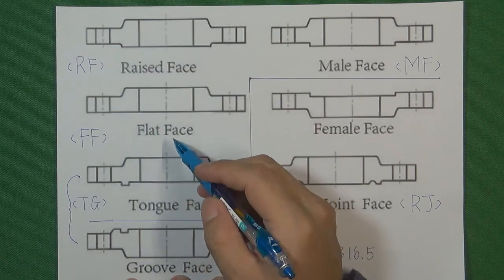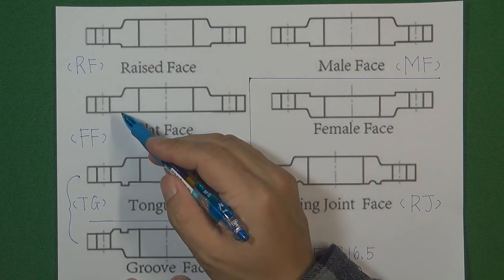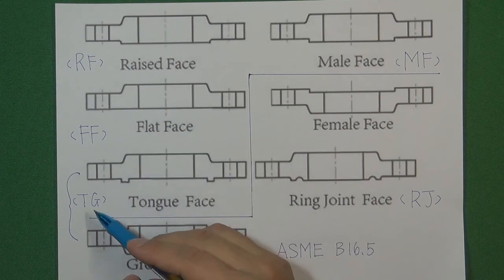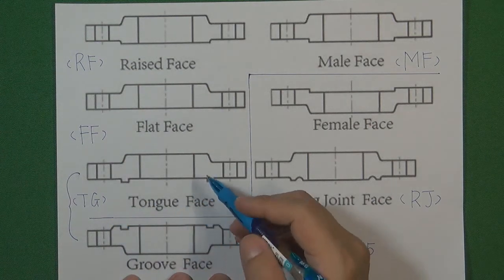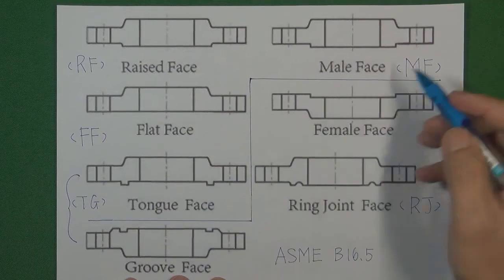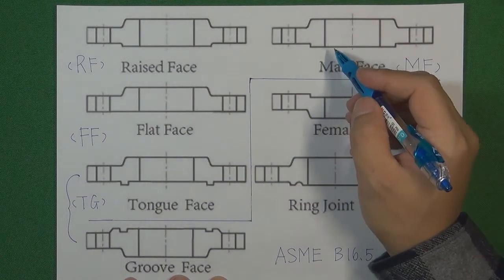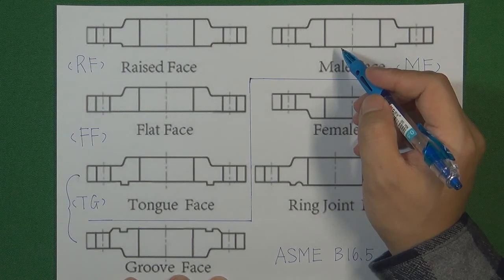And also the flat face, the principle is the same. We use the extreme end to contact with the gasket. The TG connection tongue face will use the extreme end to contact with the gasket. And also the MF connection male face will use the extreme end to contact with the gasket.